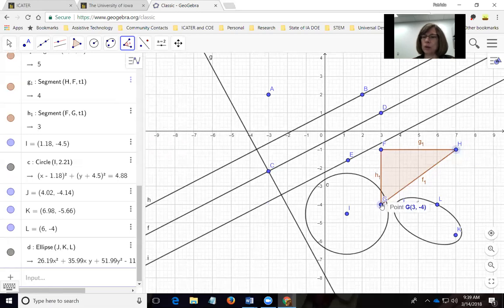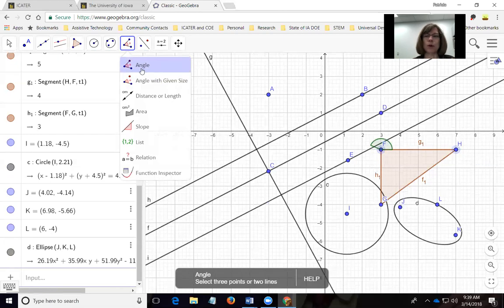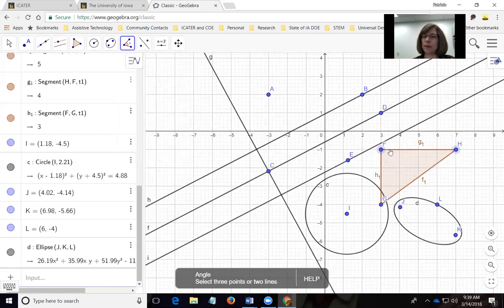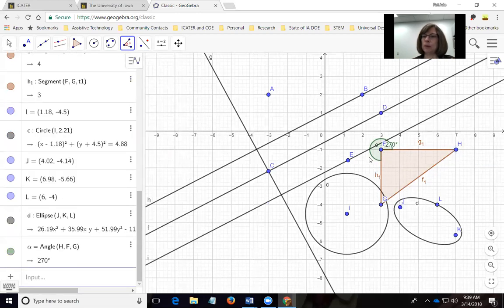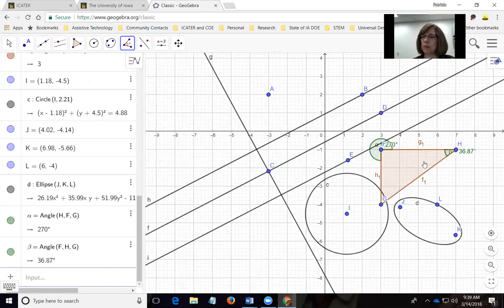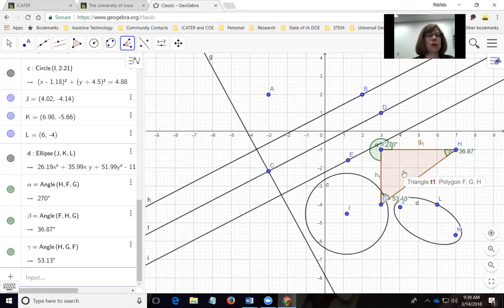Let's just do HGF. Try it again. It's going to give me the 270. Let's see if it will give me this one. Okay, so 36.87. Let's see if it'll give me this one. So I can look at angles.